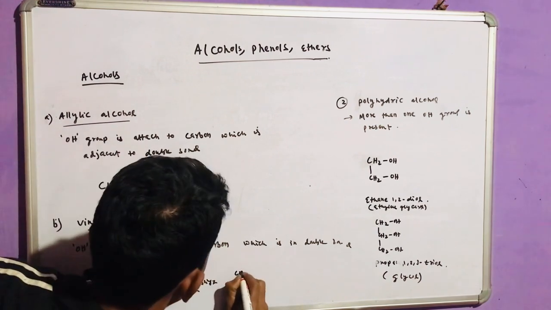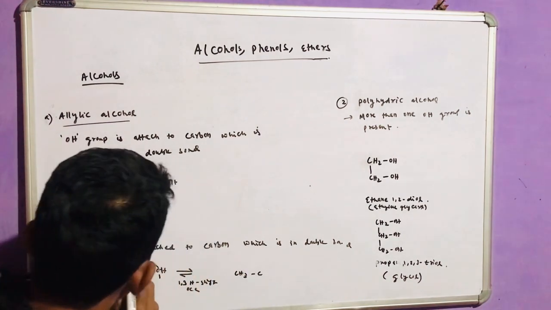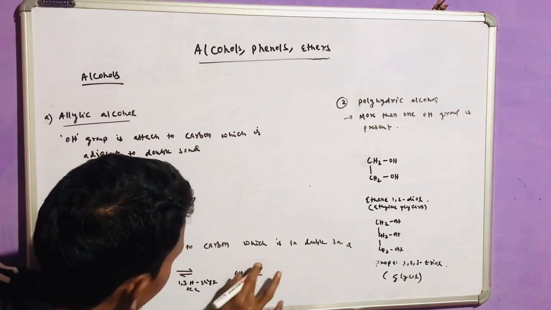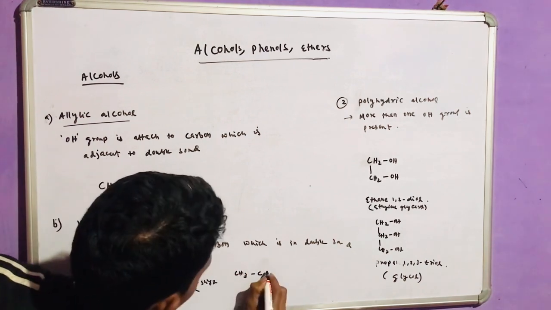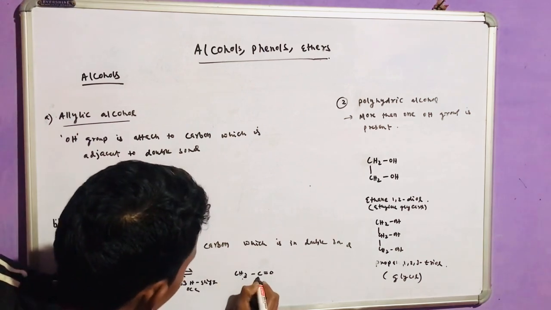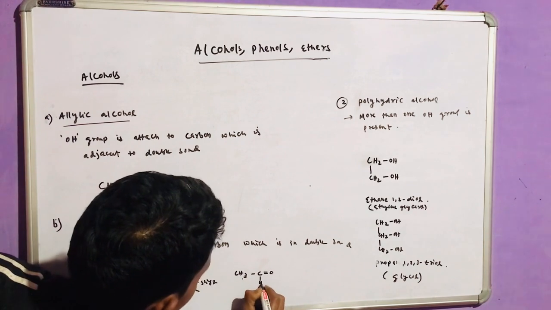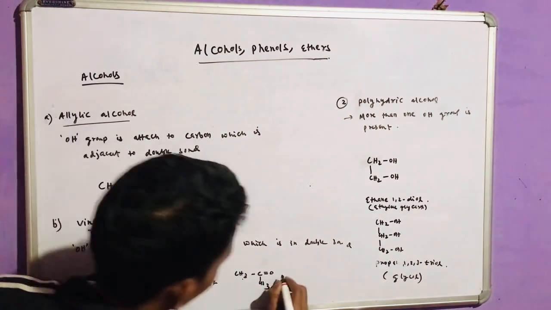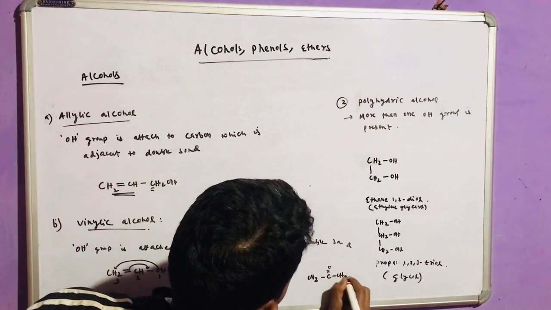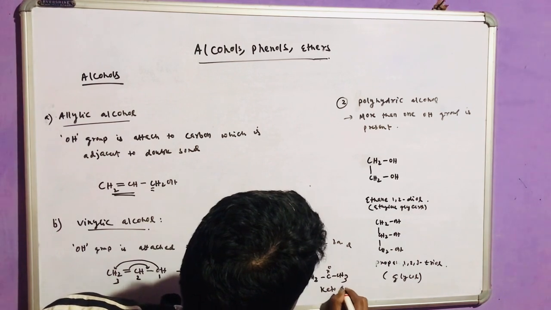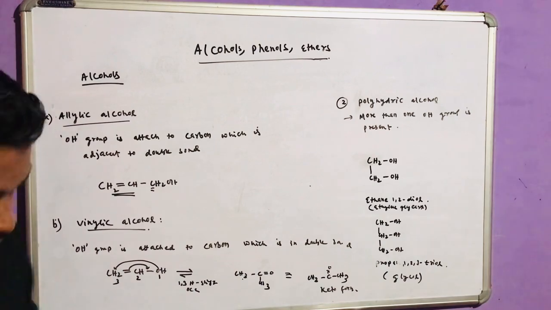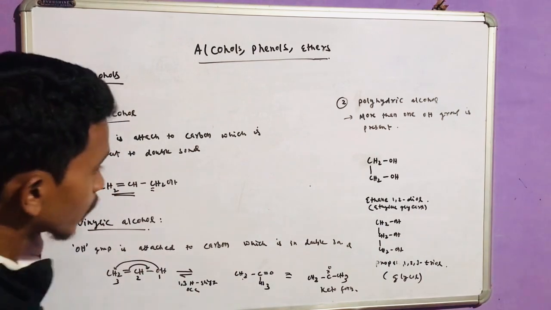So this becomes CH3, C=O, CH3. This is the keto form. We will discuss this more in further classes.